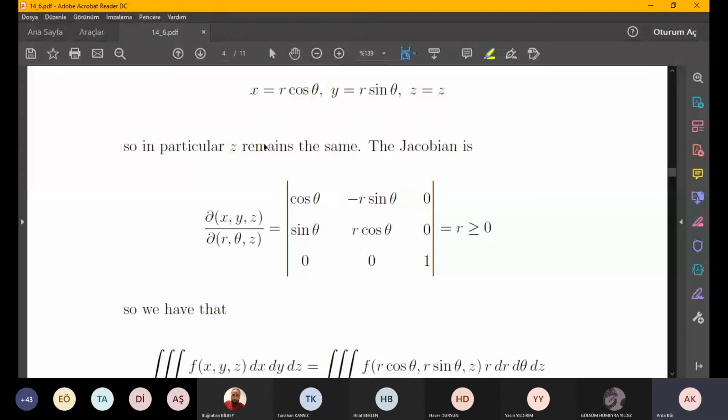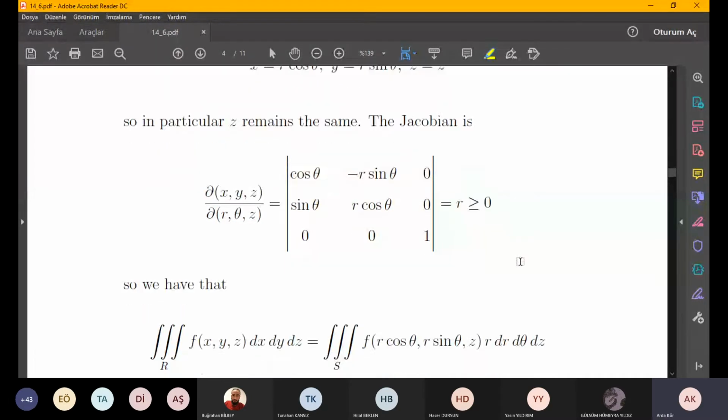So the Jacobian for this transformation, or cylindrical coordinates, will be the determinant of this 3 times 3 matrix. So if you compute this determinant, you will get r, which we know is greater or equal to 0.